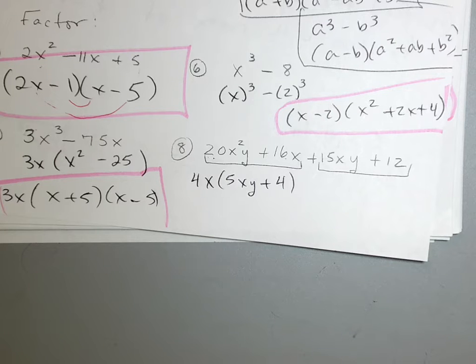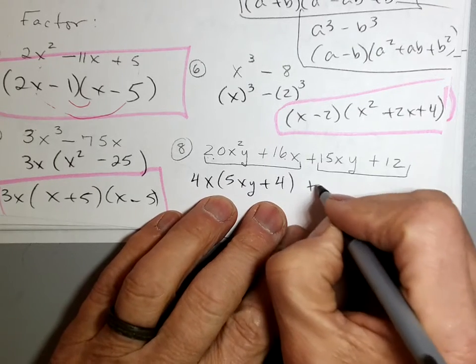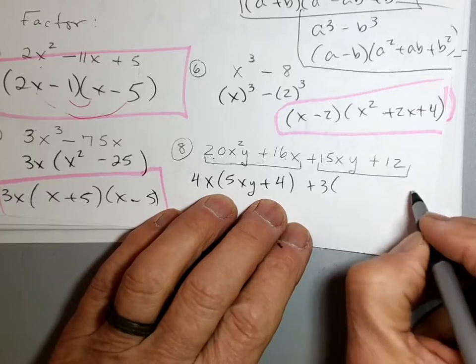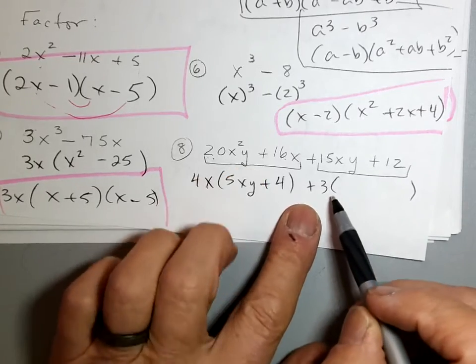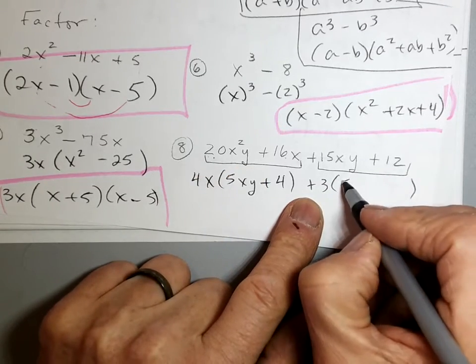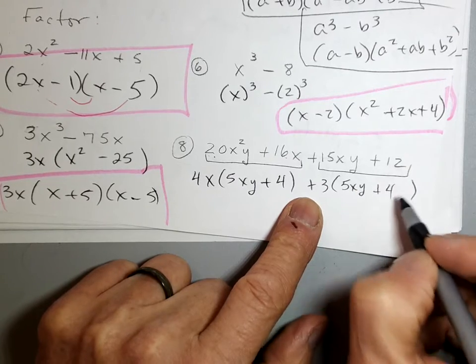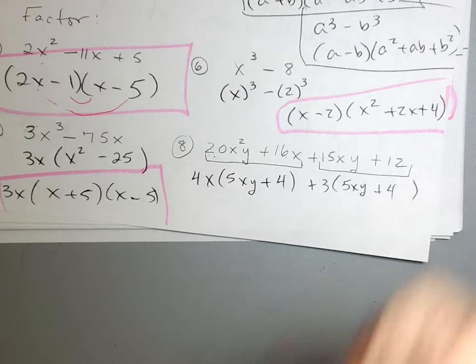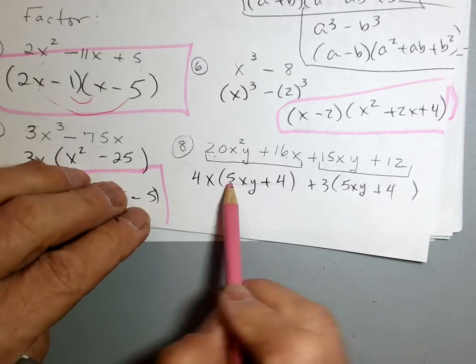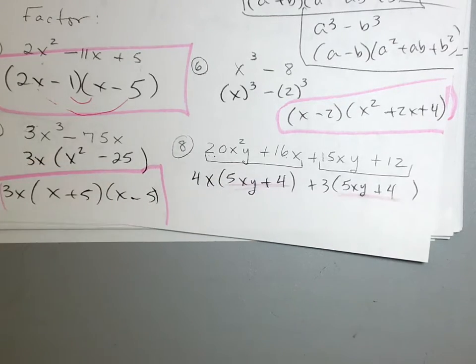Now if I look at the second 2, all they have in common is a 3, a multiple of 3. So to take out a multiple of 3, hopefully something nice will happen. If I take out a 3, I'll have a 5xy, take a 3 out of 12 and have a 4. Oh, I like this, because now what they have in common for our second factoring is 5xy plus 4.